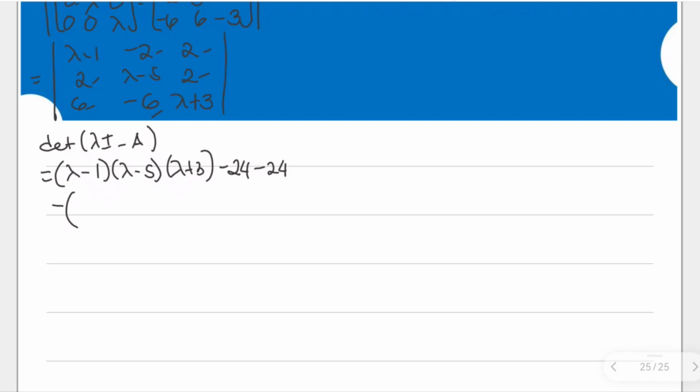You have 2 times 6 is 12, so you have minus 12 of lambda minus 5 because of this multiplier. Next, plus 2 times negative 6 is negative 12, in parentheses, times lambda minus 1. And then the last one, lambda plus 3 times 2 times negative 2, so you have minus 4 of lambda plus 3.